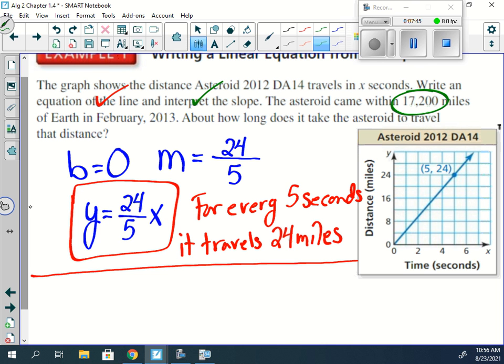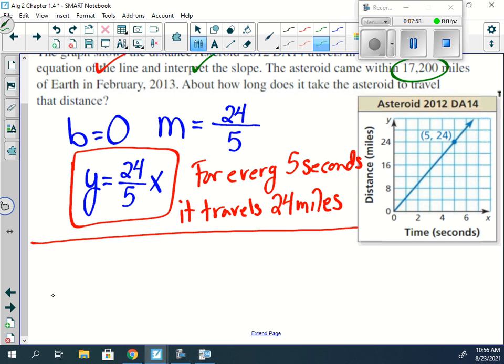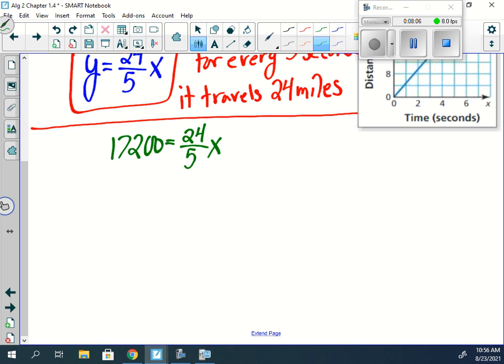Now, which variable, x or y, deals with distance? The y value. So if I want to know the time it takes to travel 17,200 miles, we're going to plug 17,200 miles in for y. And we're going to want to solve for the value of x.